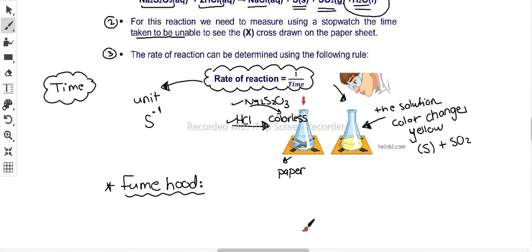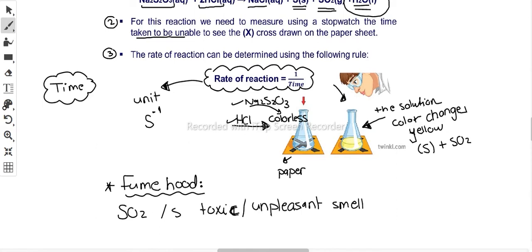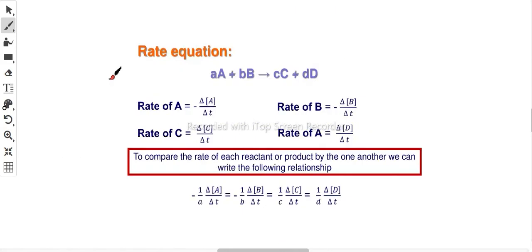You need to know that the sulfur dioxide and the sulfur produced are actually toxic. We have an unpleasant smell that will be formed. So keep this inside your mind. Toxic.